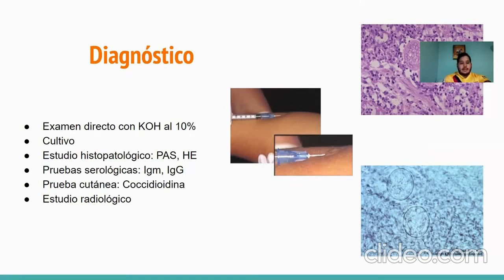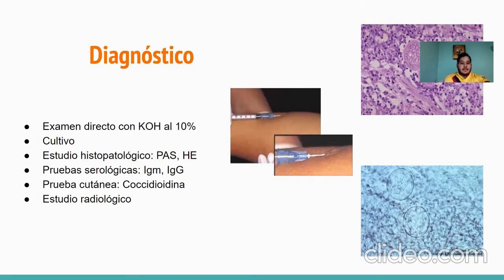Primordially, you could have a culture, which, just as a caution, is one of the most accurate forms of diagnosis for any dermatologic disease. You could have a histopathology study with periodic acid-Schiff and Gomori-Grocott stain that I just mentioned moments ago.